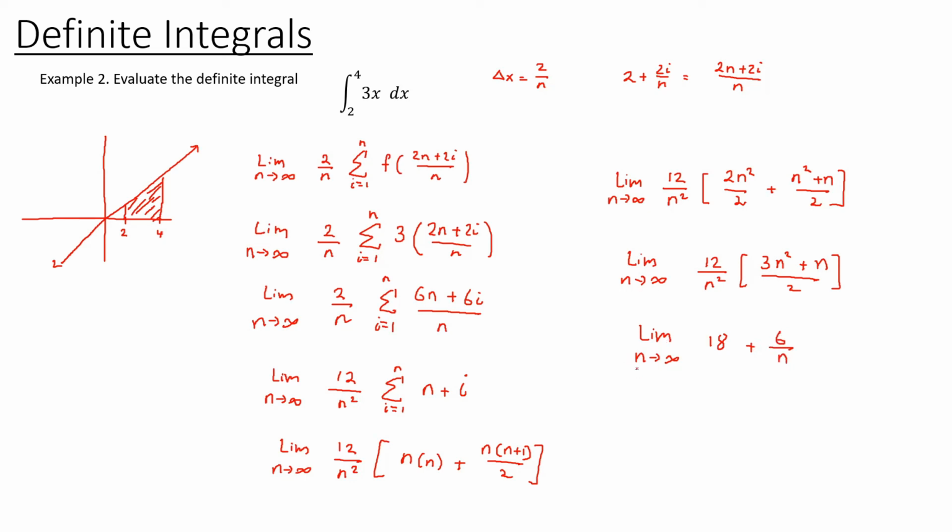So as n approaches infinity, 18 plus 6 over n: n will get bigger and bigger, which means 6 over n will approach 0. And the answer will come out to be 18 as the area of that trapezoid.